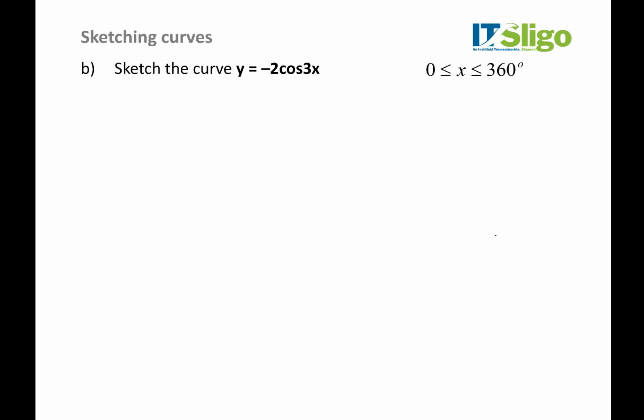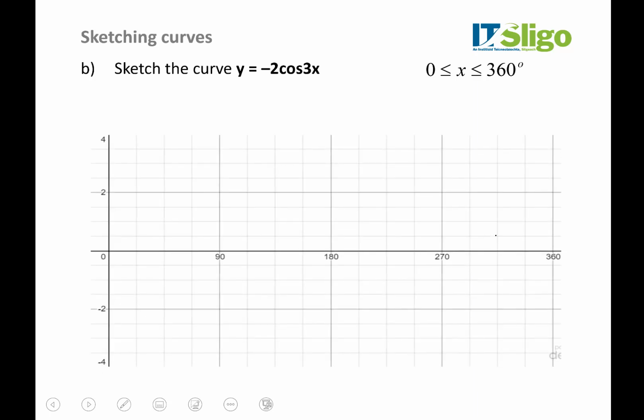Now we're going to sketch the curve y is equal to minus 2 cos 3x. I need to fit in 3 full cycles, so I'm just going to mark off about 120 and about 240. I need to fit a full cycle in here. It's a minus cos curve, so I start at the bottom.